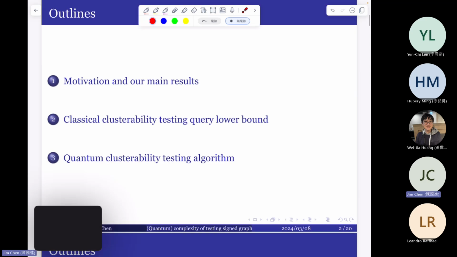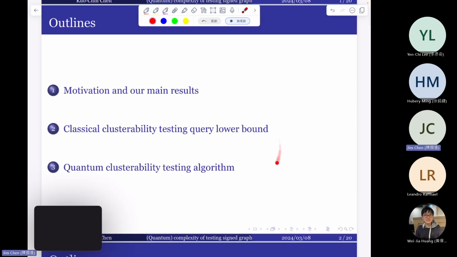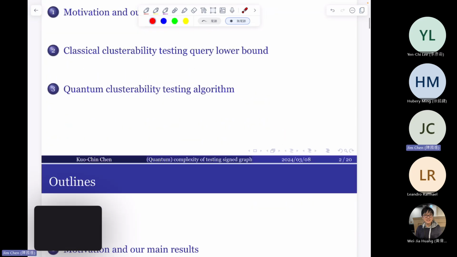The first is we derive the classical query lower bound for testing the clusterability. And the second result is we propose a quantum algorithm which outperforms the existing classical clusterability tester. So these are our two main results.